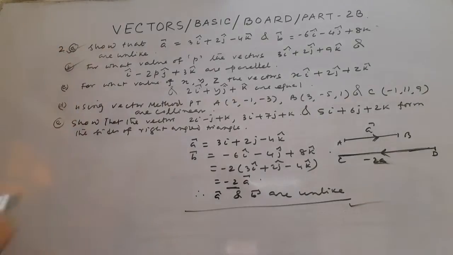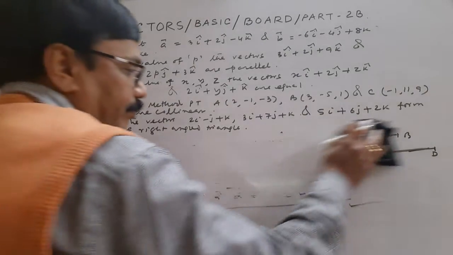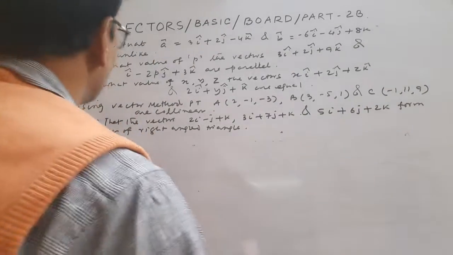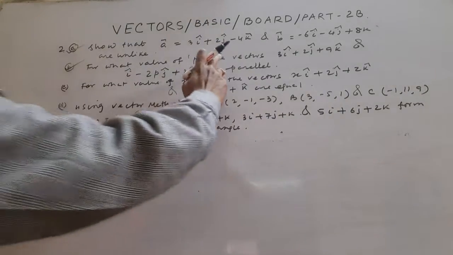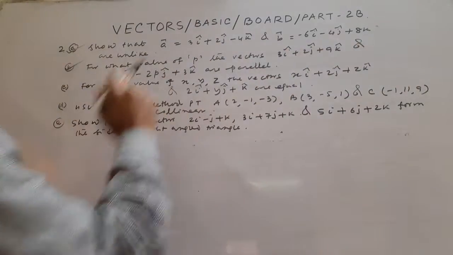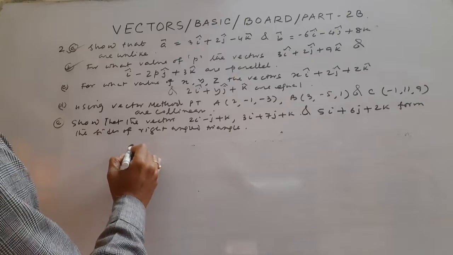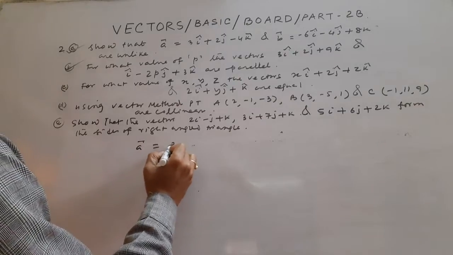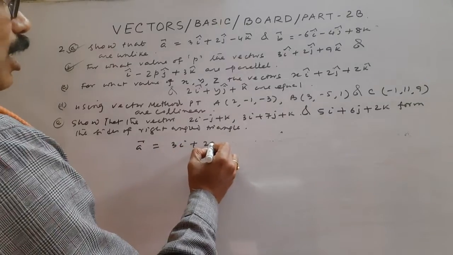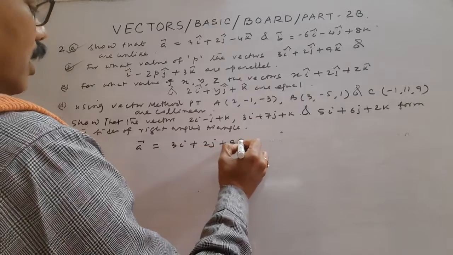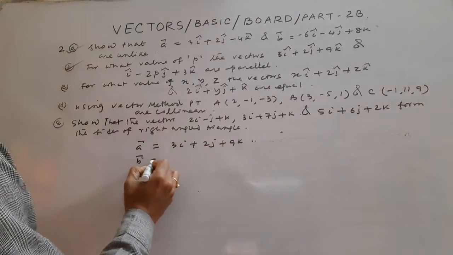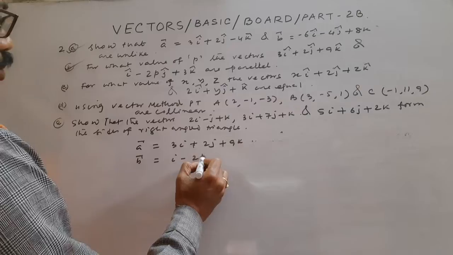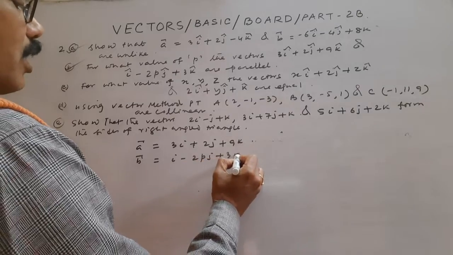Now problem number b. For what value of p are the vectors parallel? Two vectors are given. A is 3i plus 2j plus 9k, and B is i minus 2pj plus 3k.